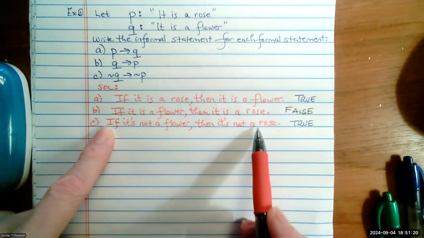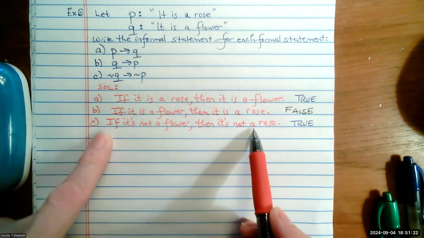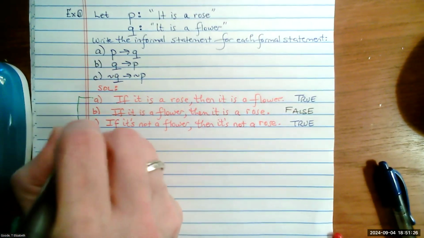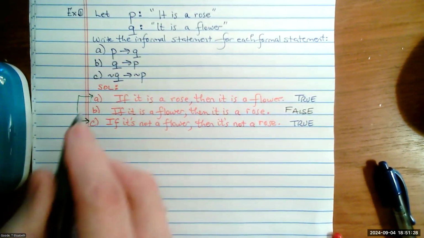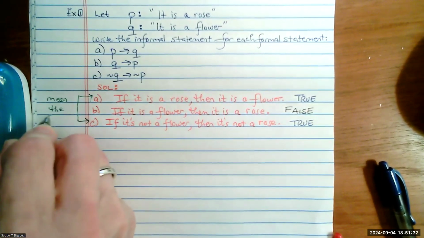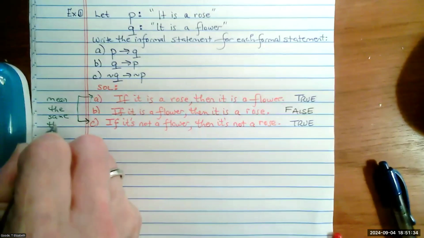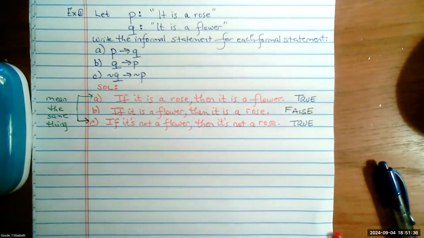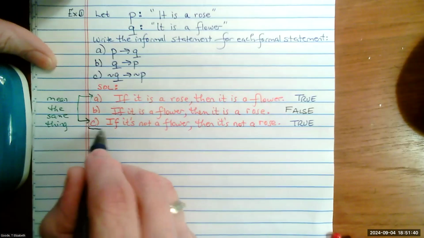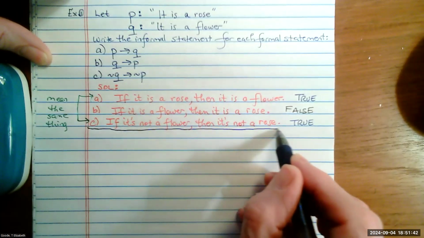So if it's not a flower, it can't be a rose. See what I mean? These actually mean the same thing. A and C are actually going to be logically equivalent, always. And we're going to be looking at these different versions of related conditionals. Let's do that now.